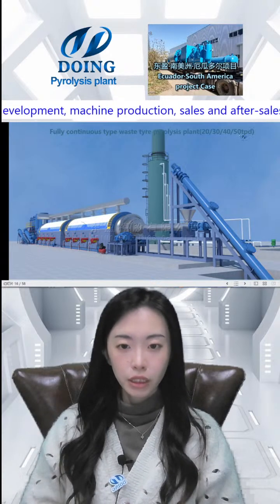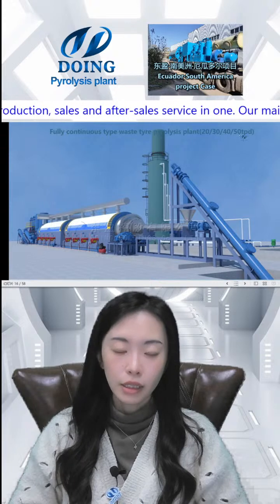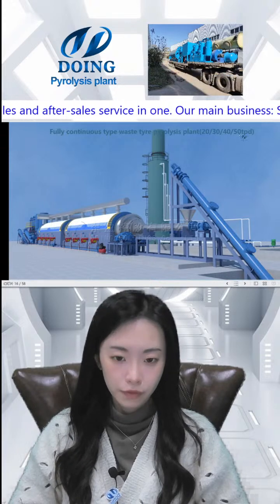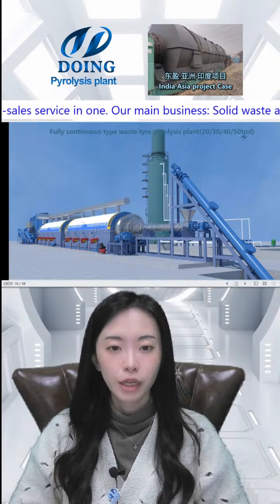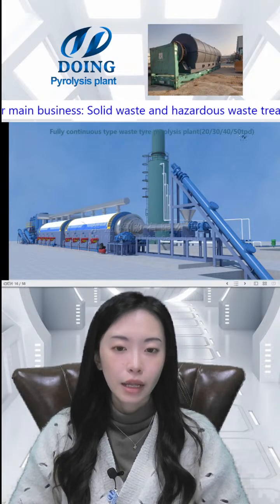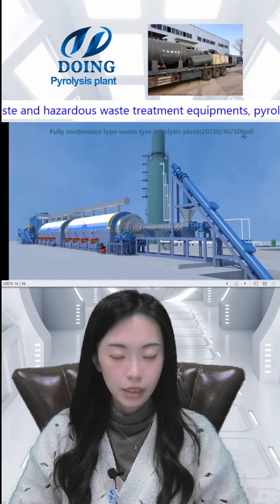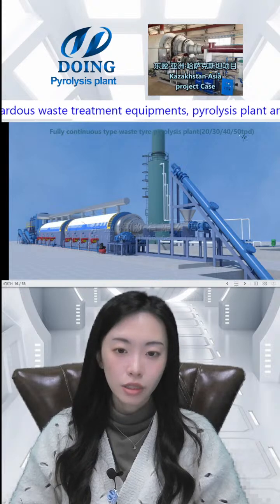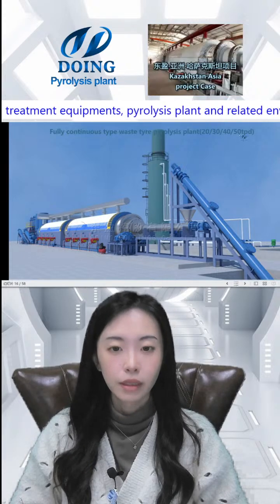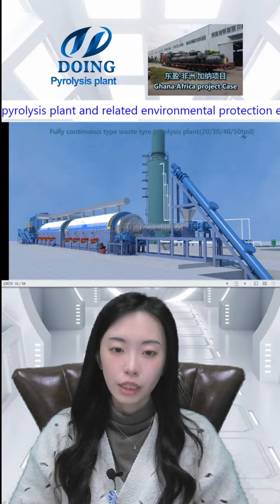The working efficiency of the fully continuous pyrolysis plant is much higher. It can work for 45 to 60 days without stopping, running continuously for 24 hours, so it can feed the raw material, pyrolyze the material, and discharge the carbon black at the same time. This is the newest technique for the fully continuous one.